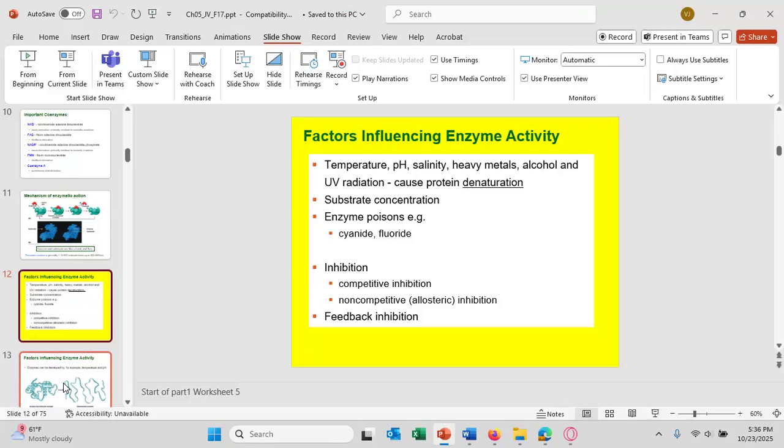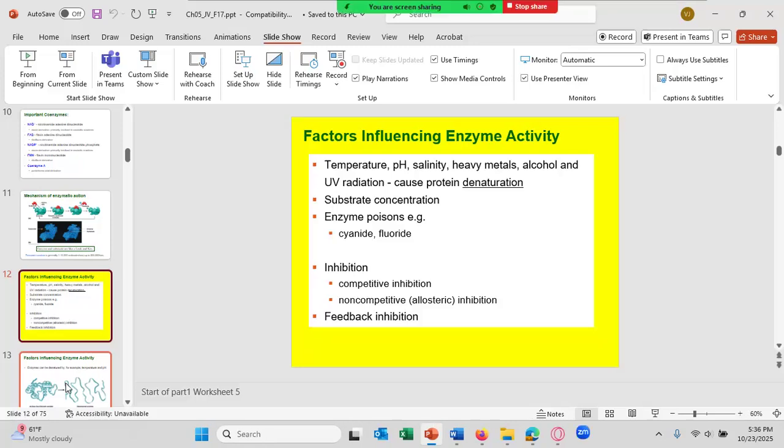And the reason is because if the enzyme is in a different environment, one where the temperature is not correct, or the pH is not correct, or the salinity, this amount of salt, is not correct, or heavy metals are present, or alcohol is present, or UV radiation is present, the enzyme will not work at its optimal rate. And it may not work at all.